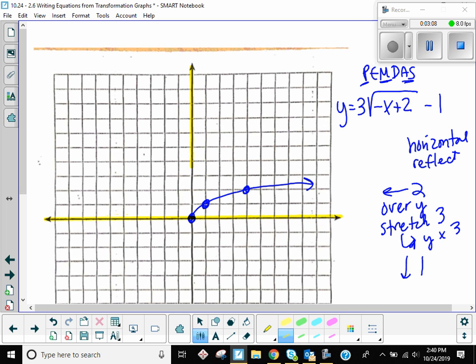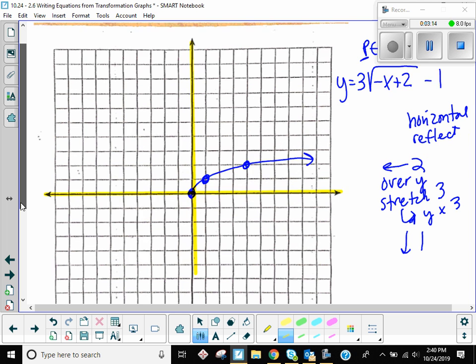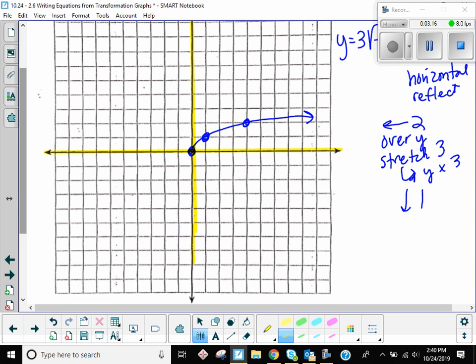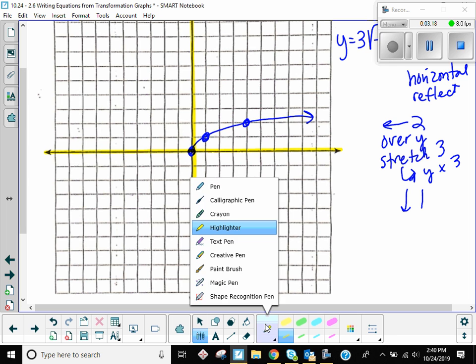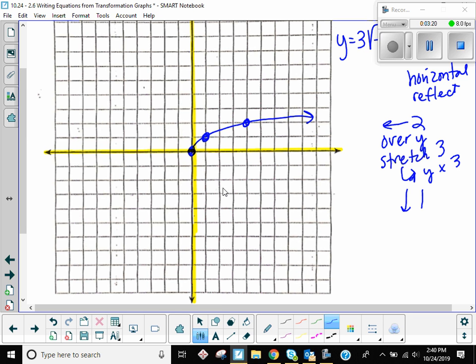So now what I'm going to do is those transformations on each of those 3 points. So you might want to follow with your eyeballs so that you can see what I'm going to do. So starting with (0, 0), I'm going to go left 2. And so that gets me right here. Good?